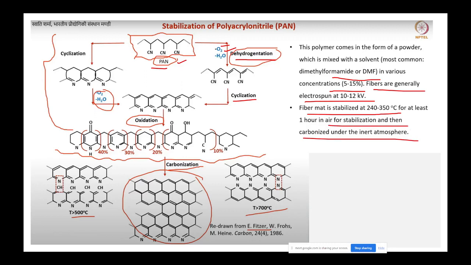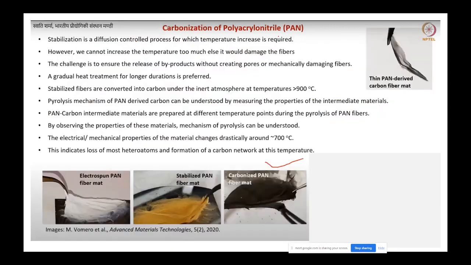I am also not very expert in these reactions, but you can watch the lecture, or you can understand better from the many videos which will explain the stabilization of your polyacrylonitrile, which is nothing but PAN. This is a very good concept, how the carbonization of polyacrylonitrile is happening.